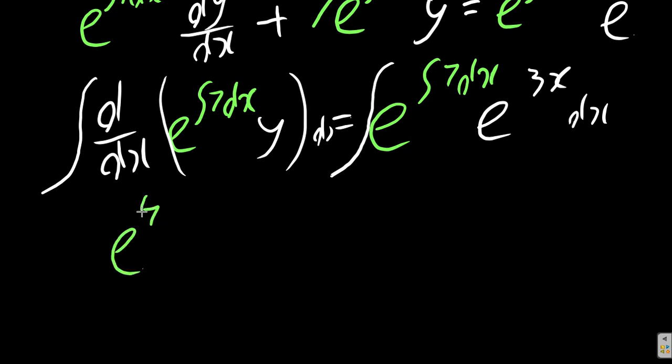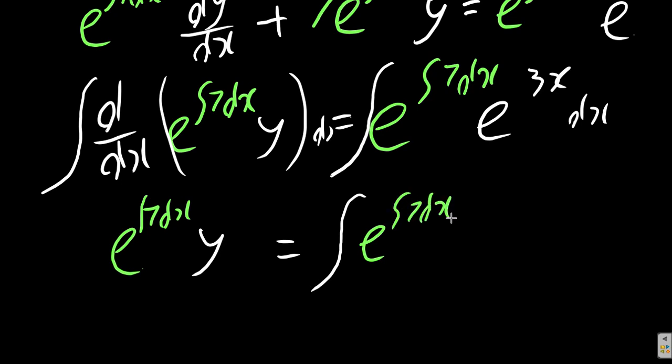So e to the integral of 7 dx times y equals the integral of e to the integral of 7 dx times e to the 3x dx. Let's work these things out.